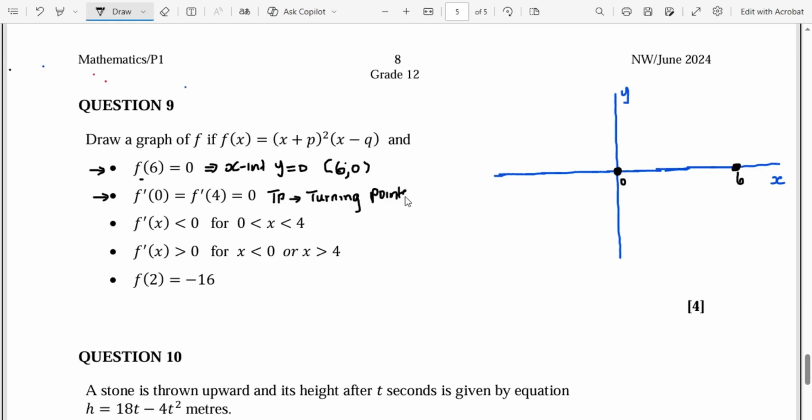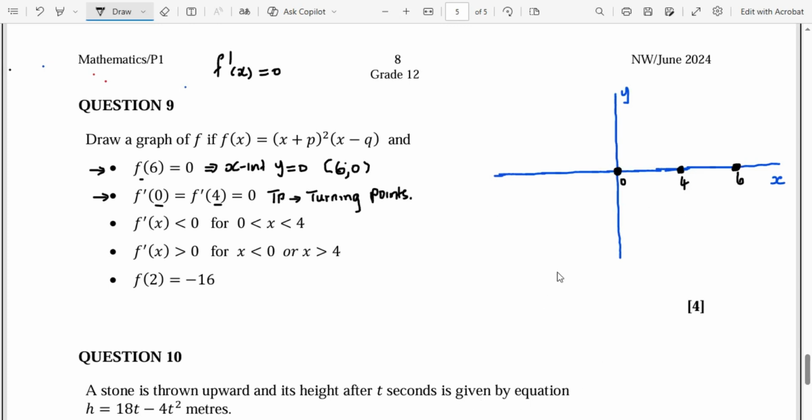The x values of the turning points, I already know, are 0 and 4. Remember, when you find the turning point, f prime at x must be equal to 0. They tell you that both f prime at 0 and f prime at 4 are equal to 0. So we're going to have a turning point at 0 and another turning point at 4. I'm just going to put that in that way.